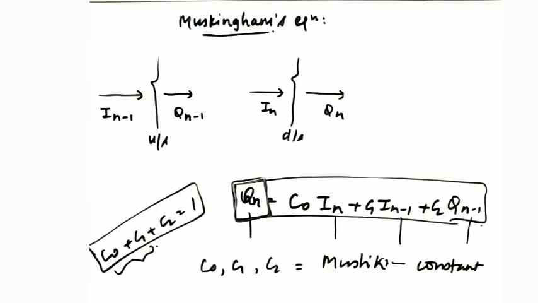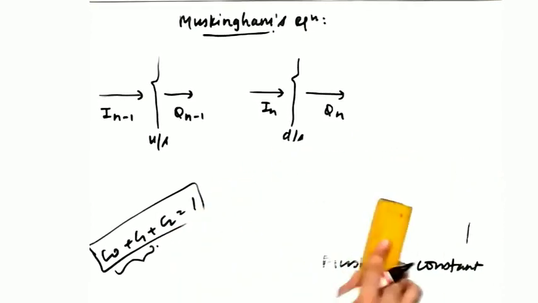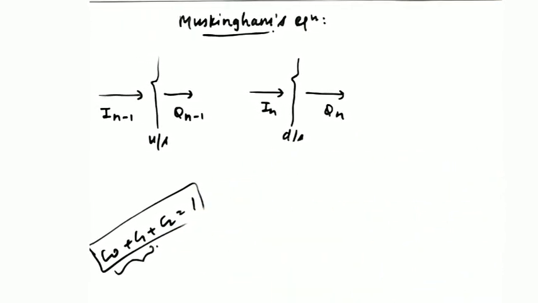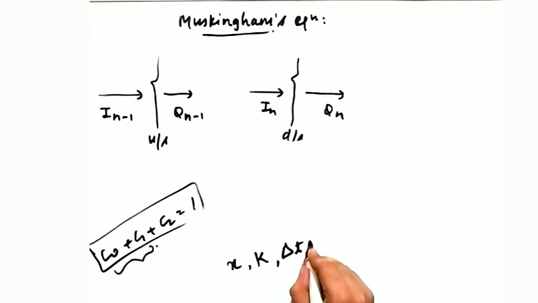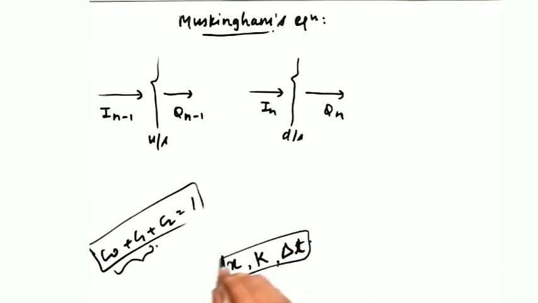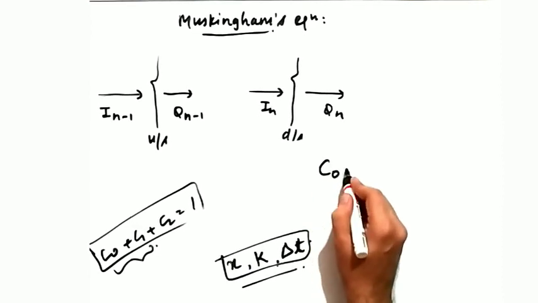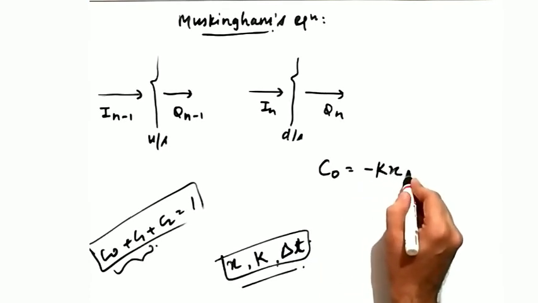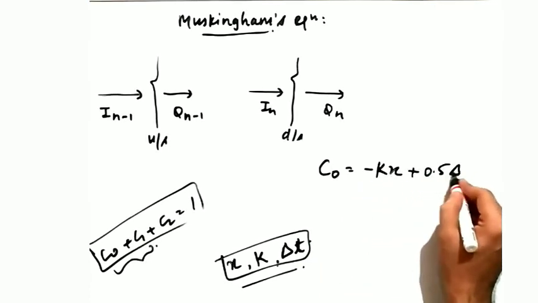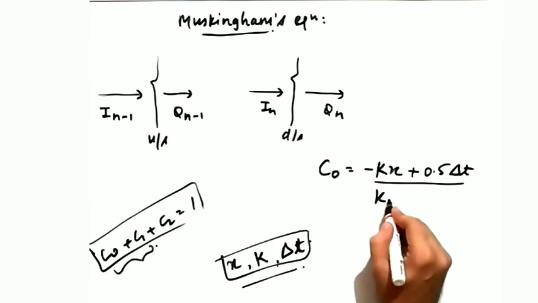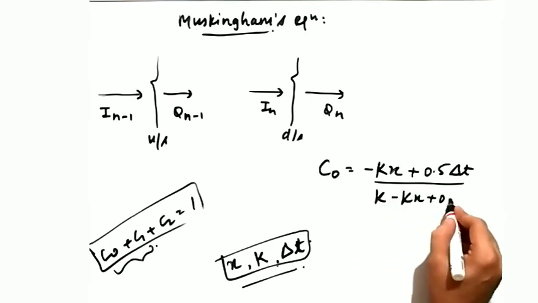Now you can calculate the values of C0, C1 and C2 if the examiner gives you the value of the location x, the constant K, and delta t, the time difference. If these three values are given, then you can separately evaluate C0, C1 and C2. How can you evaluate C0? It is minus Kx plus 0.5 delta t divided by K minus Kx plus 0.5 delta t.